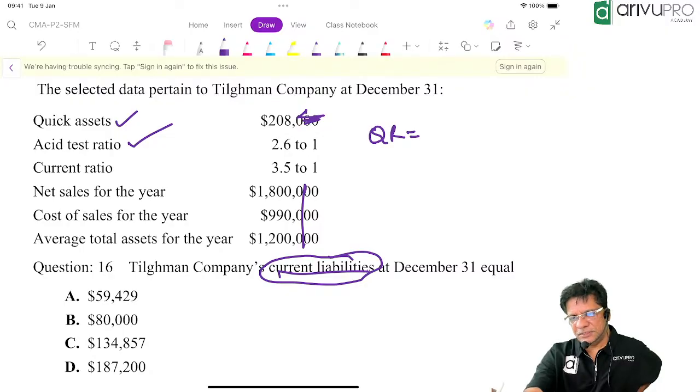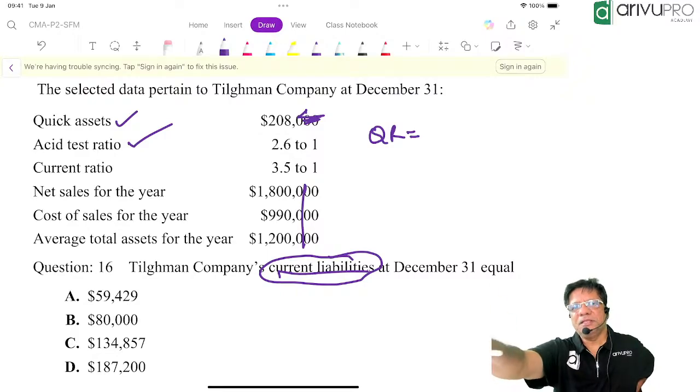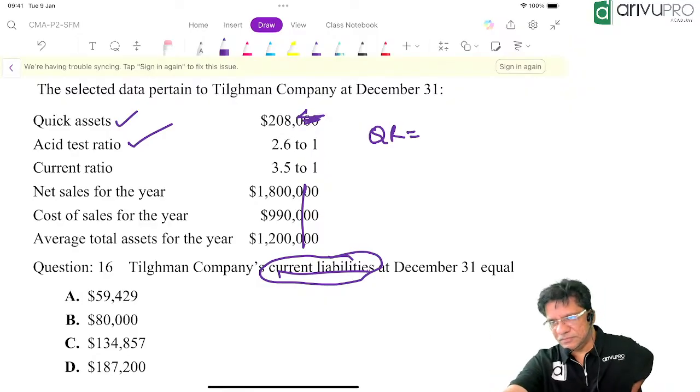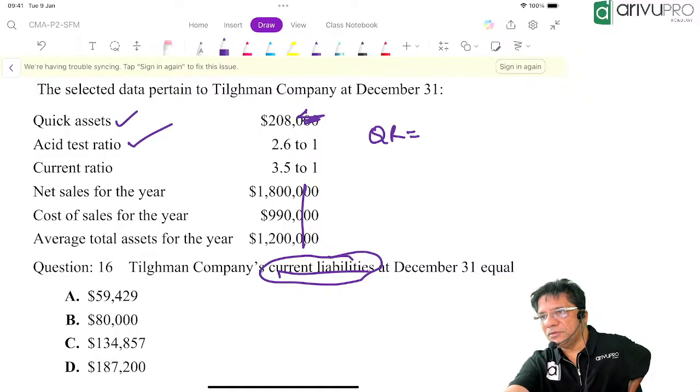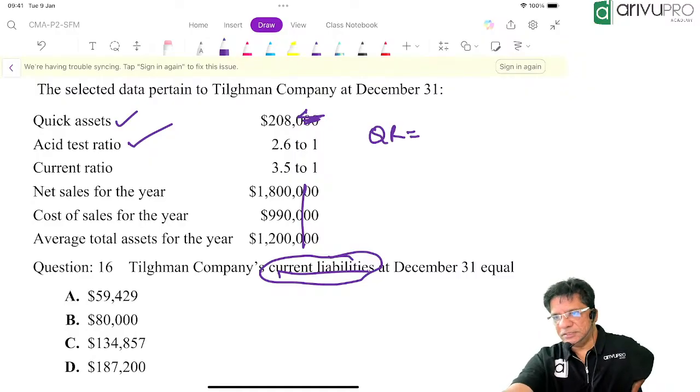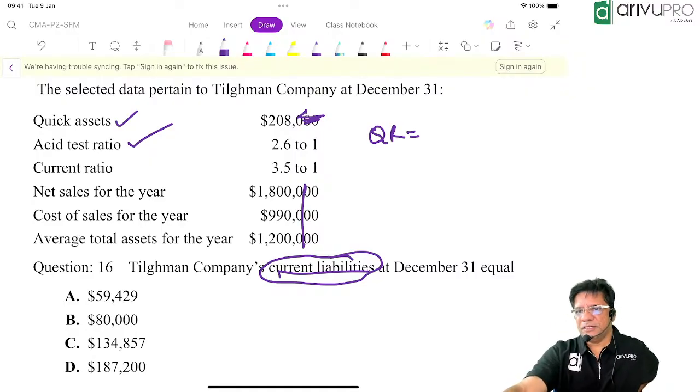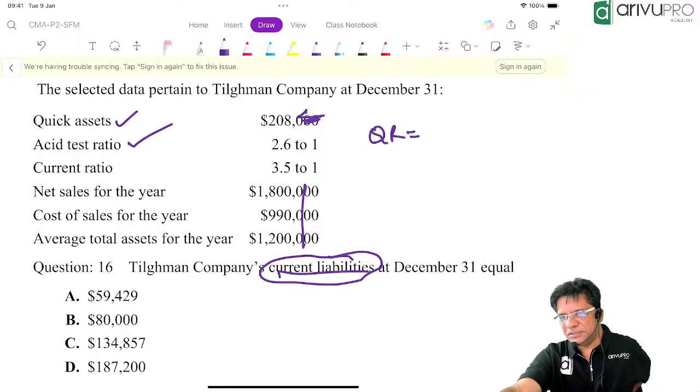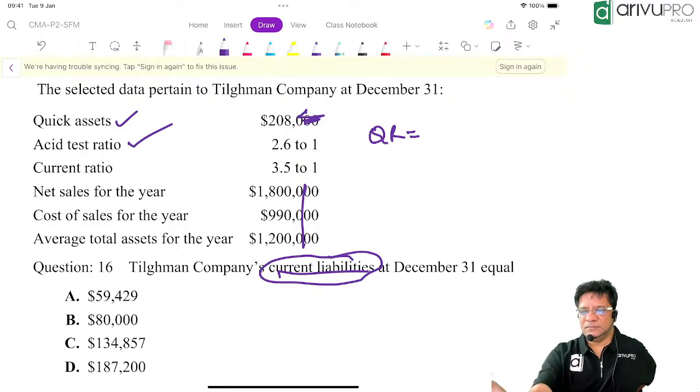In that quick ratio, the numerator is called quick assets, that is cash plus marketable securities plus receivables.